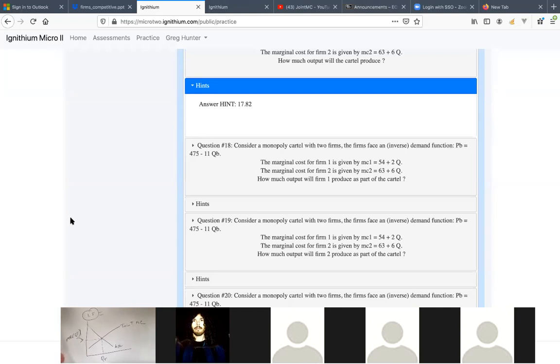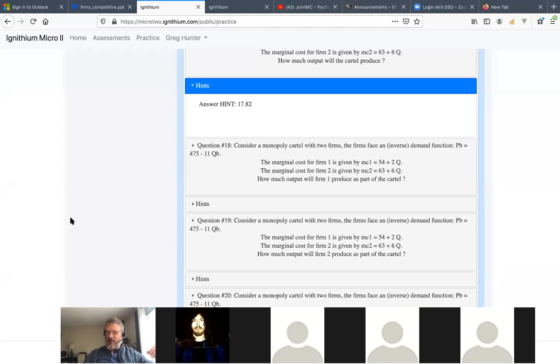Can you see that marginal revenue at QT? We're finding that value there, and we know QT is equal to 17.82, so we just plug it into the equation. Can you see my diagram when I hold it like that? Because it looks reversed in my camera. Yes, I can see that. So now we're just finding the height of that value, plugging it into the equation to get the value of that function there.